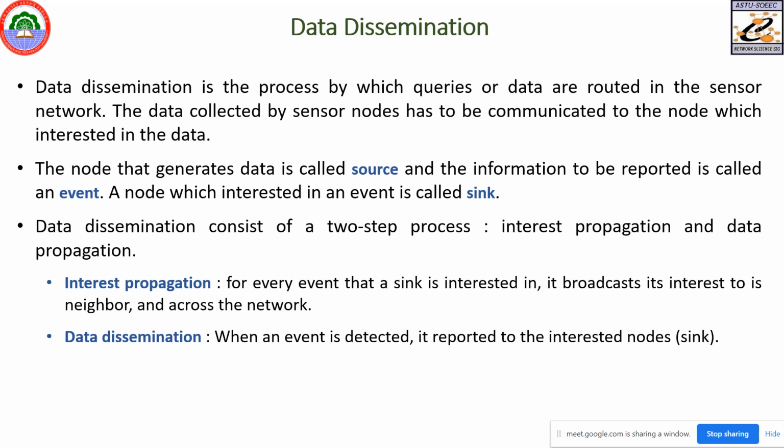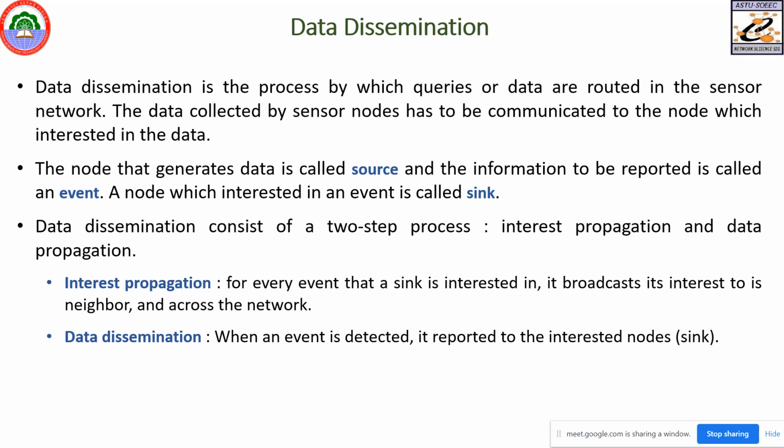Dissemination means sending or transmitting the information from one place to another, either from source to destination, or from a neighboring node to the sink, or from one neighbor node to another neighbor node. Data dissemination is a process which we can simply call flooding.